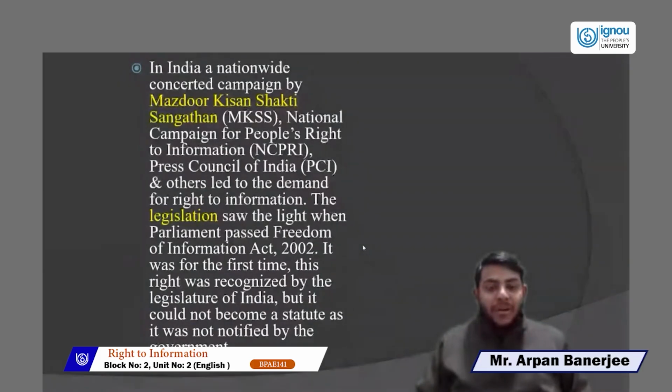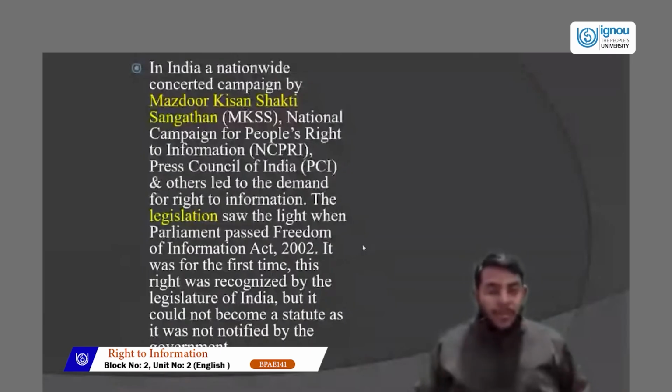So this legislation saw light when the Parliament passed the Freedom of Information Act in 2002. It was for the first time through this Act that the right to information was recognized by the legislature of India, but it could not become a statute as it was not notified by the government.